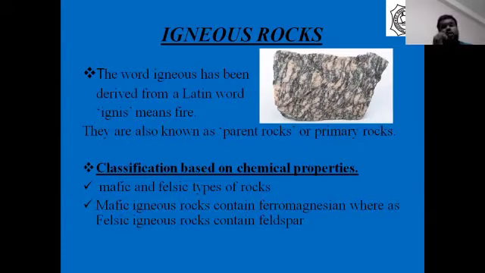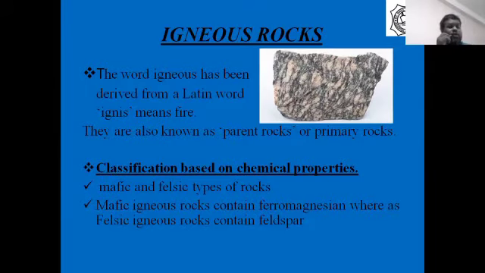Mafic igneous rock contains ferromagnesian mineral, which is characterized by abundance of iron and magnesium, whereas felsic igneous rock contains feldspar.